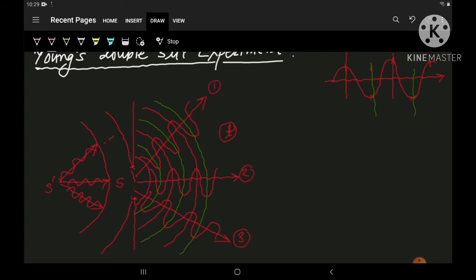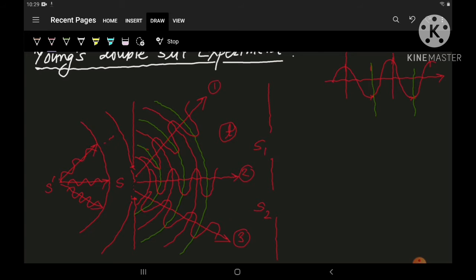When this wavefront is incident on a combination of slits, an assembly of slits S1 and S2, suppose this is slit S1 and this is slit S2.